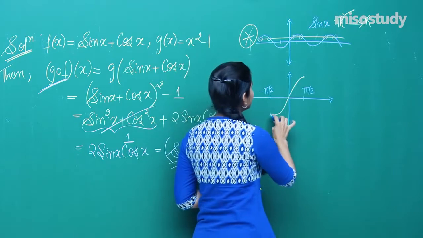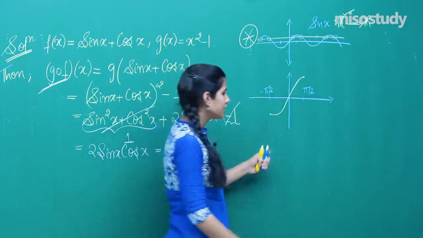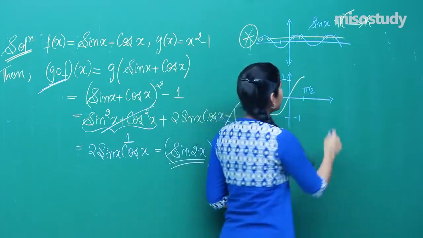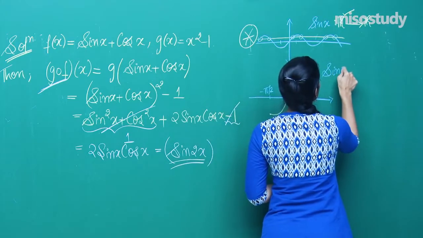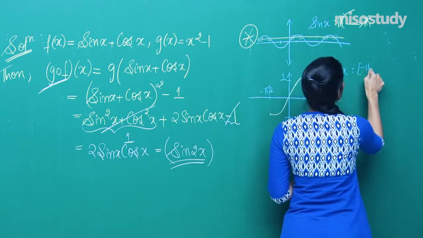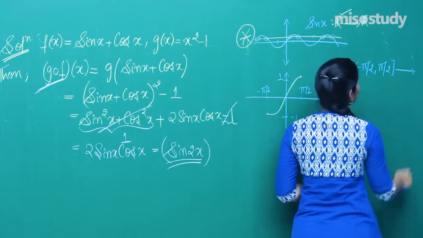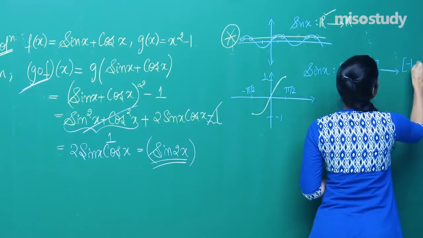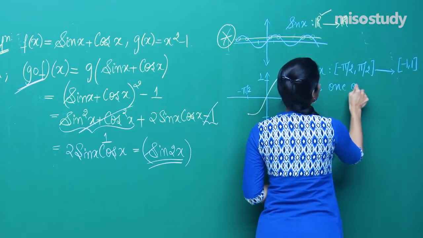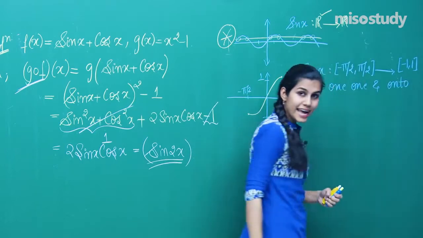That means it is no more having any turns and it passes the horizontal line test, and that is why this sine function from this domain, which is minus pi by 2, pi by 2, to minus 1, 1, happens to be both one-one and onto, and hence invertible.